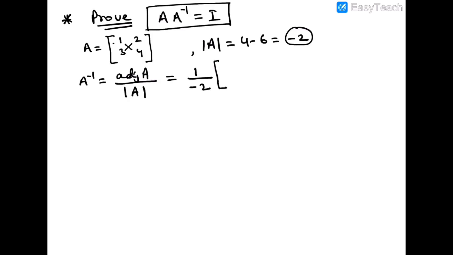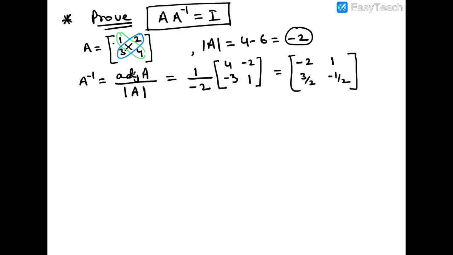So we can write 1 by minus 2. Now adjoint of A is, just interchange 4 and 1 and change the sign for 3 and 2. So we will get 4, minus 2, minus 3, 1, which will give us minus 2, 1, 3 by 2, minus half.